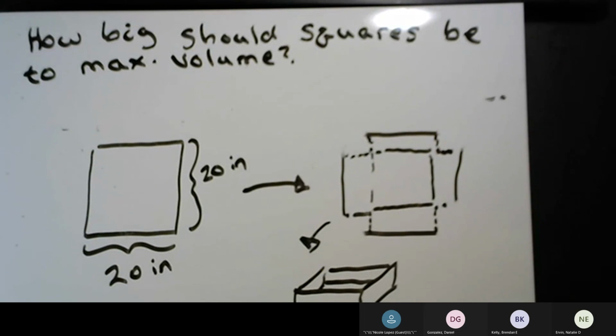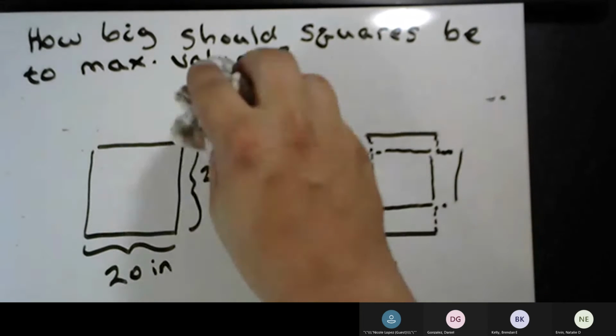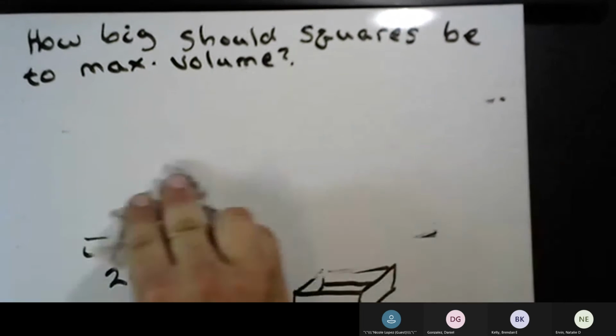So how big should the squares be to maximize the volume? Any questions about what we're going to try to do?